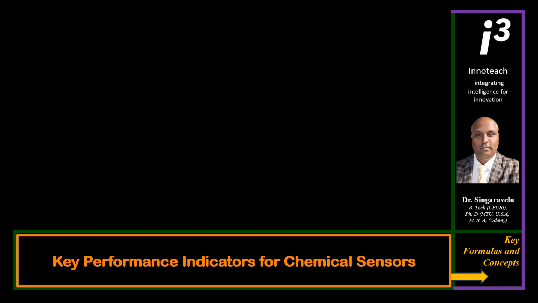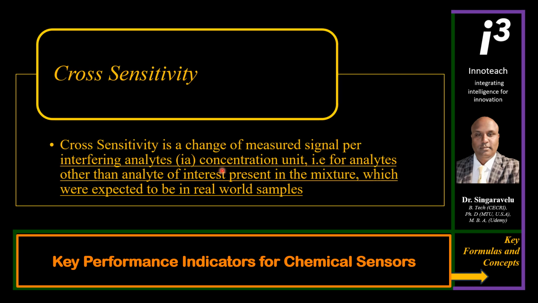And then the second one, cross sensitivity. So when we talk about sensitivity, it is easier to understand this intuitively when a sample mixture has more than one analyte and we are interested in one particular analyte among many.